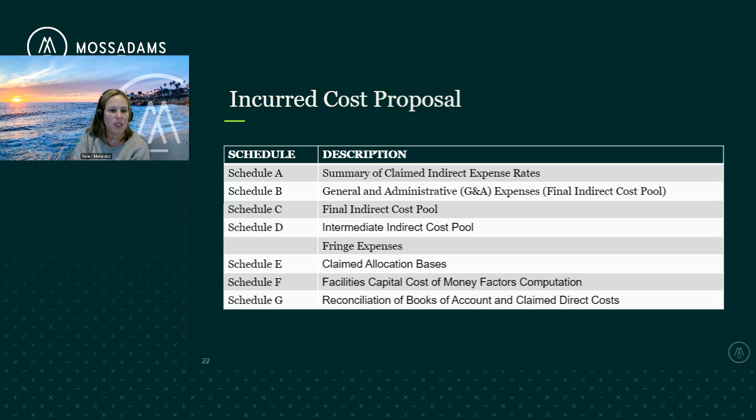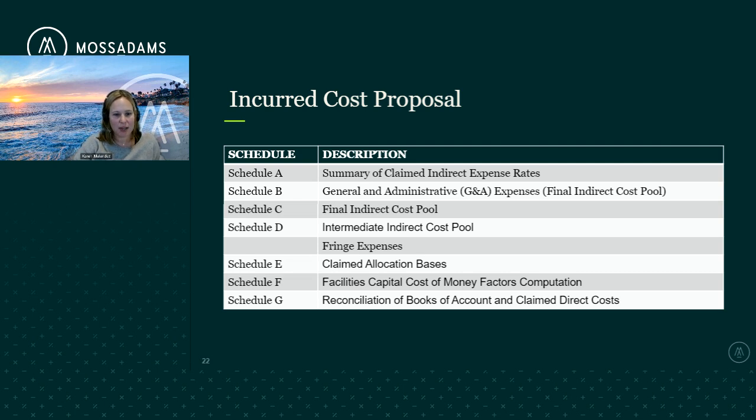Schedule A, this is going to be just a summary of all of your indirect expense rates. So even though it's the first tab, you don't even have to enter anything in there. Once you complete the other tabs, B through H, that model will populate Schedule A. And it will list your facilities rate, your fringe rate, overhead, if you have multiple overhead pools, things like that.